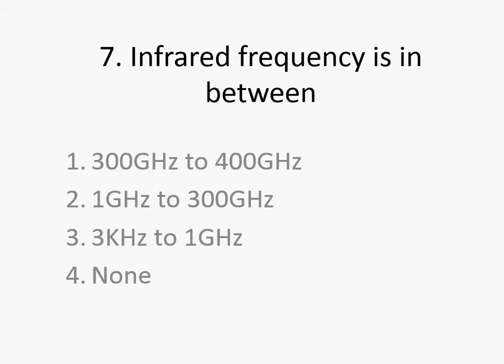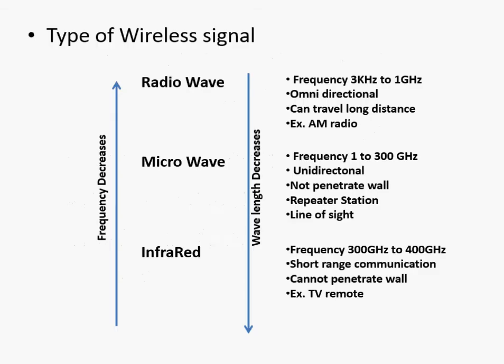Okay, now the 7th question: infrared frequency ranges between, so infrared frequencies range between 300 gigahertz to 400 gigahertz. Let's see an example of this. Here there are basically three types of frequency asked in teaching exams: infrared, microwave and radio wave.